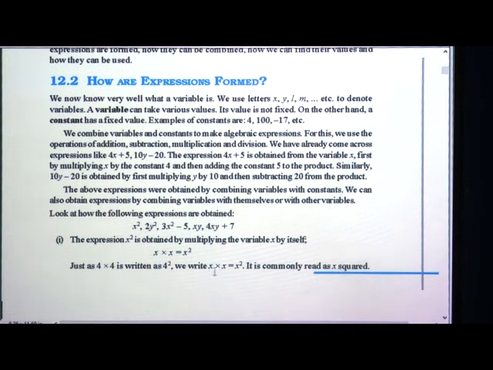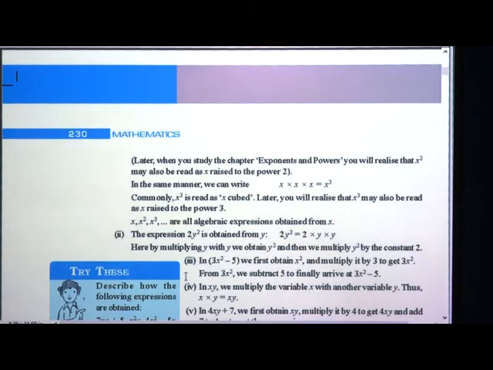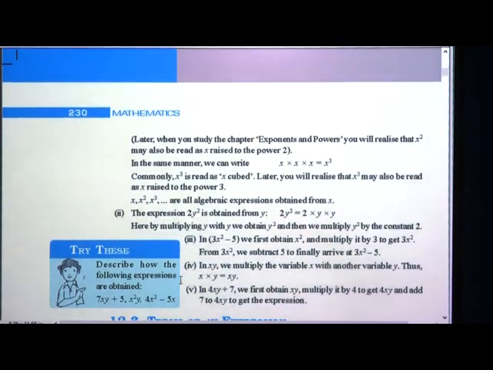We write x into x as x square. It is commonly read as x squared. In this way we find the values of these.